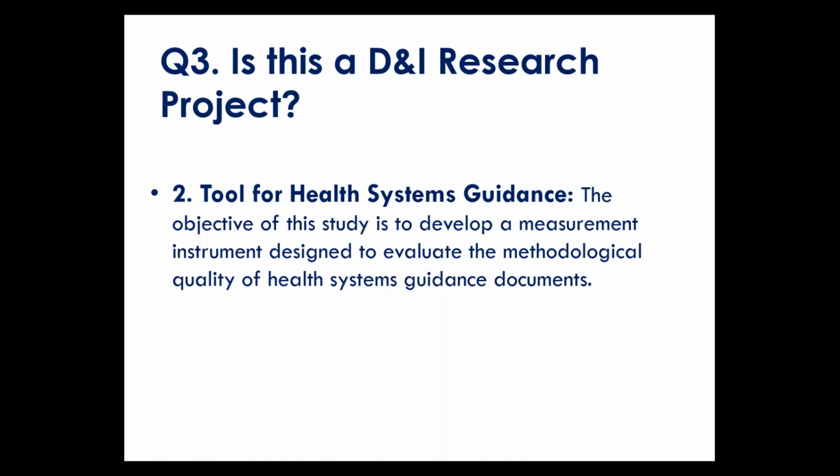So if these guidance documents are evidence-based guidance documents for this area, because we don't really give much about the area of health where this is coming to play, that's probably the difference there. This is kind of in the eye of the beholder. Well, it depends. And this is kind of a methodologic study. So is a methodologic study also a D&I study? This isn't really delivering an intervention.